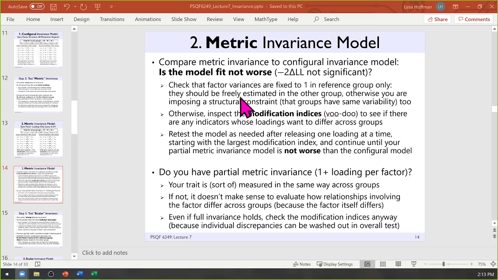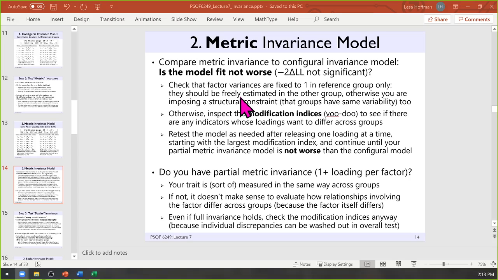Let me back up. At any stage, if the significance test tells us that the model fits worse, or even if it doesn't, we can still look at the modification indices for the constraints that we placed as an indicator as to which ones broke the model.